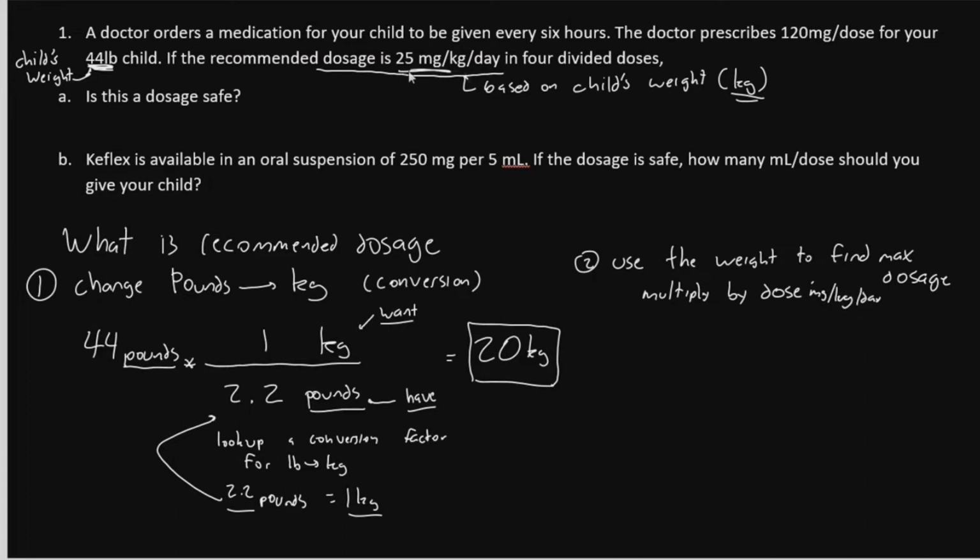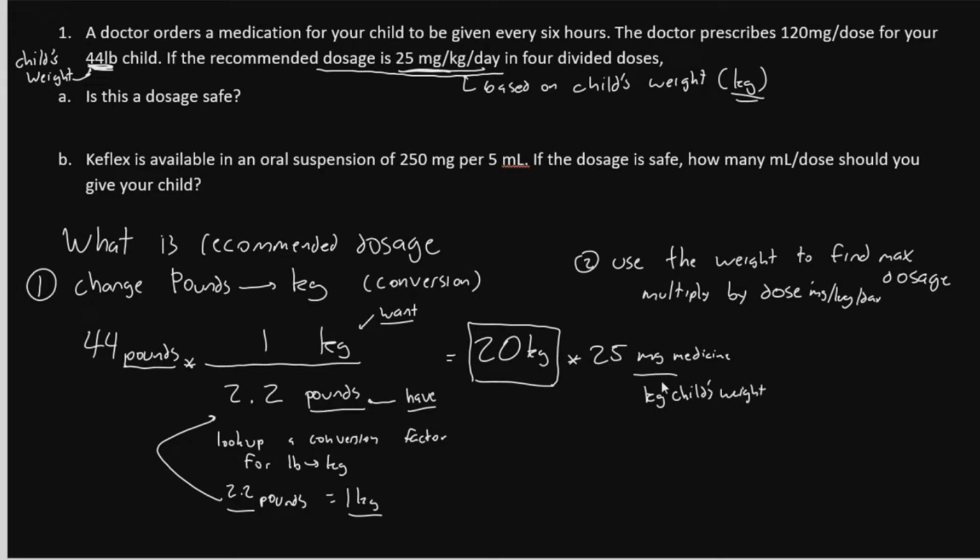That big old thing right here, we're going to multiply that times 25 milligrams per kilogram. Kilograms goes on the bottom, 25 milligrams goes on the top. And allow me to clarify that 25 milligrams is milligrams of medicine, but the kilograms are actually kilograms of the child's weight.